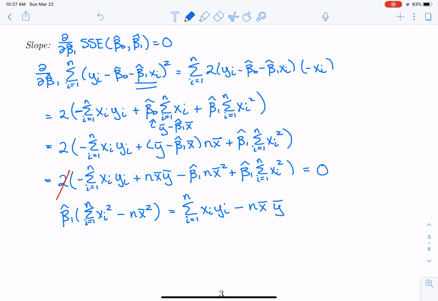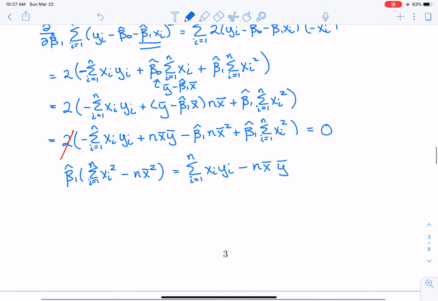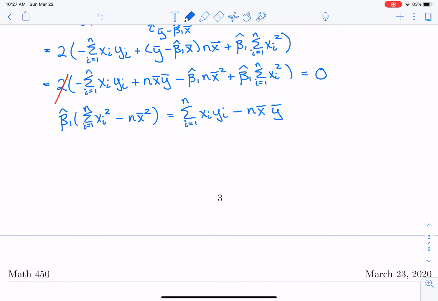And so finally, I can solve for beta 1. So I'm actually going to move on to the next page and solve for beta 1. Well, I can actually solve for it right here.